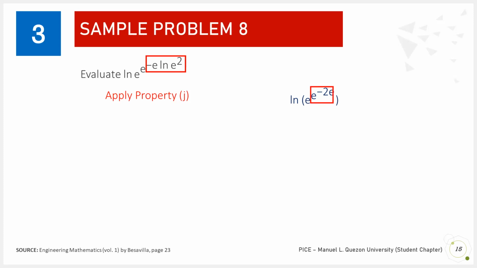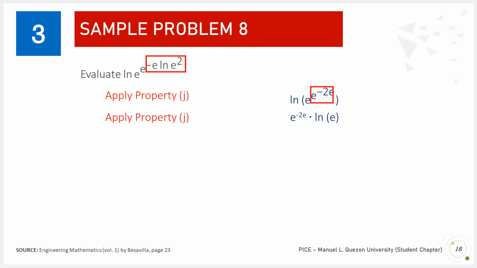So yung next part naman is magpo-focus tayo dito sa e raised to negative 2e na term. So we apply property J again. Sa property J, i-bring down natin yung buong exponent.